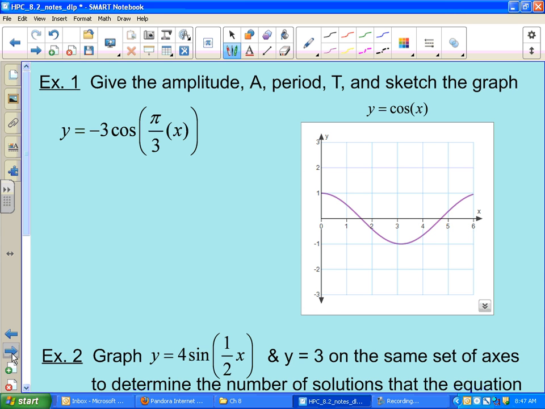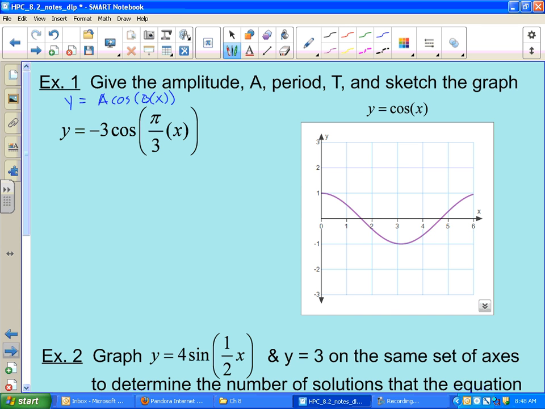So remembering in a generic formula here that your A always hangs out in front of sine or cosine. Your B is always a part of the inside part of our function.